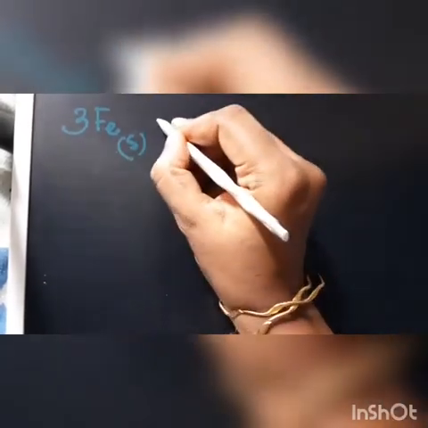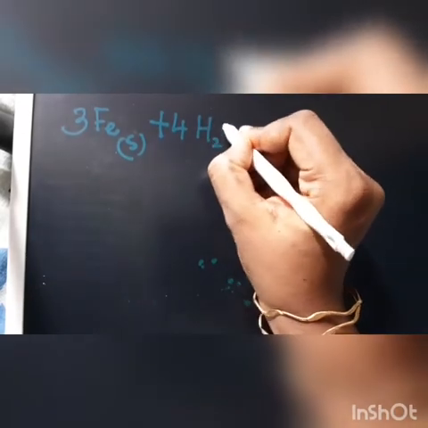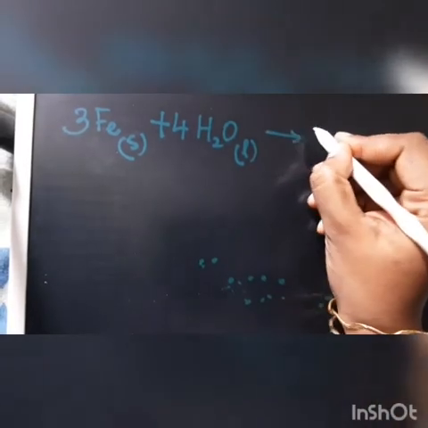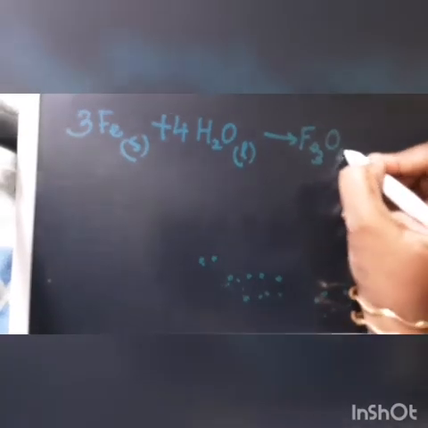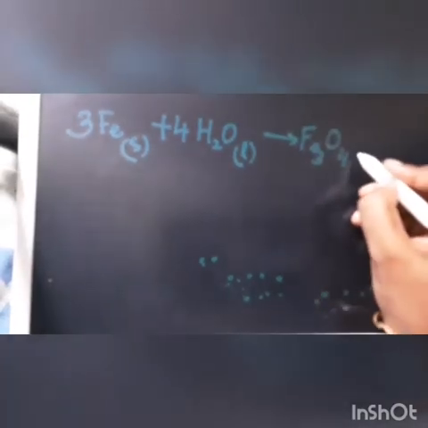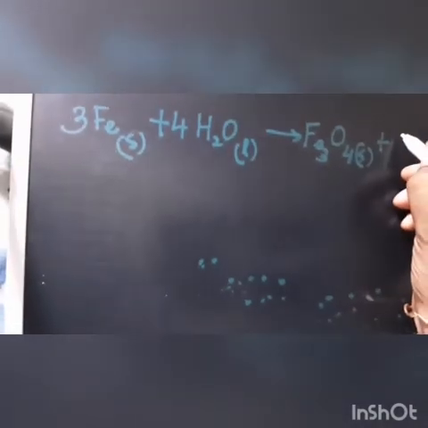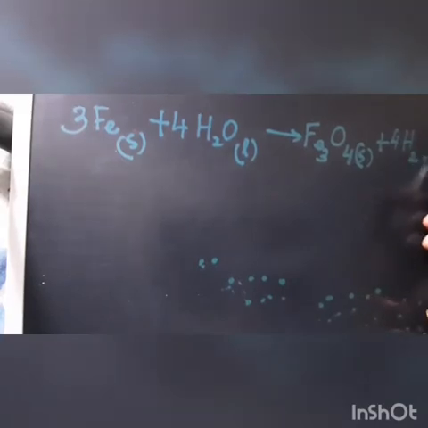How will you write this? 3Fe, which is solid state, plus 4 water molecules, which is in liquid state, giving Fe3O4, which is in solid state, plus 4 hydrogen molecules, which is in gaseous state.